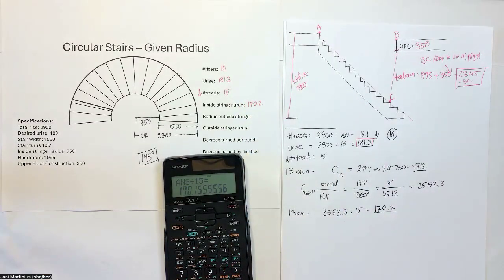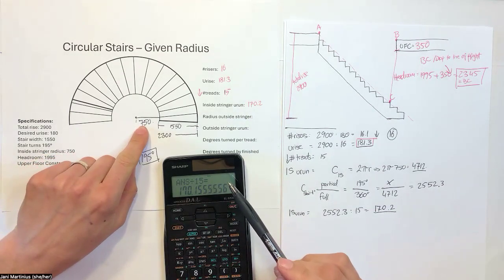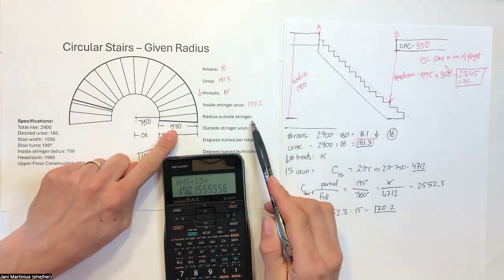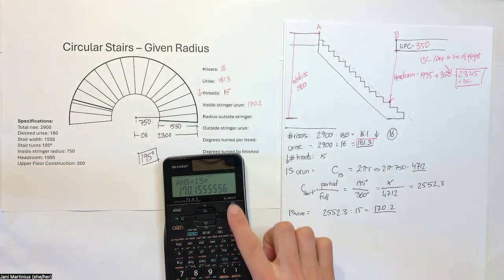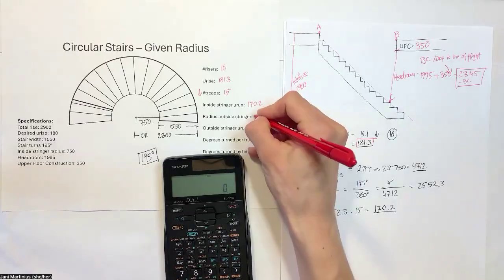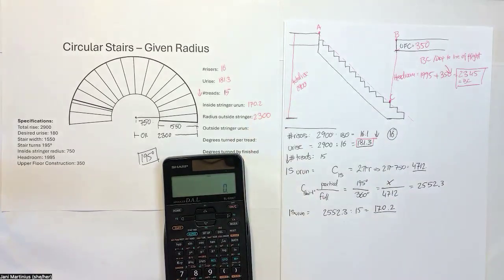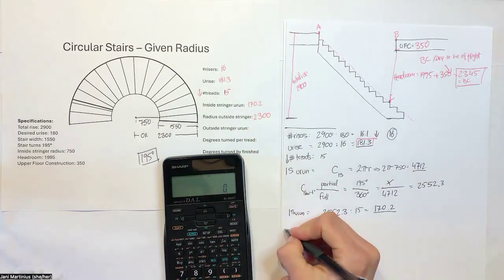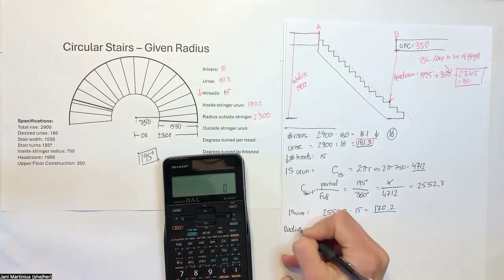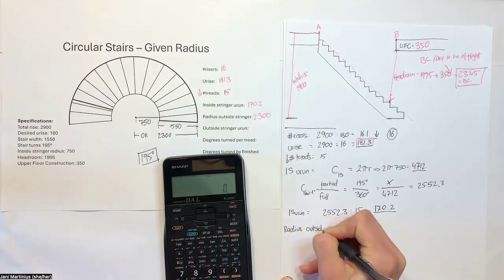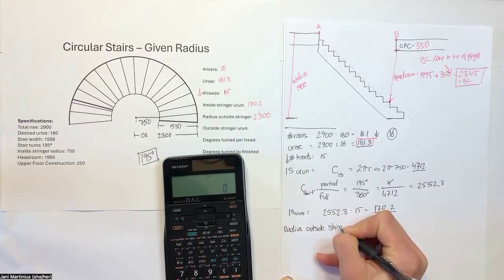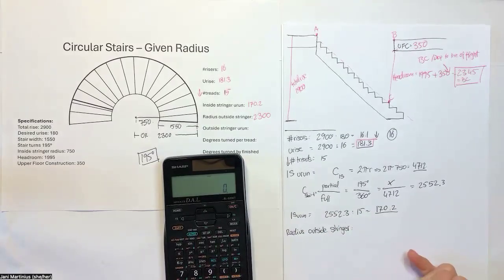Awesome. Now, radius of the outside stringer, check this out. Inside radius plus the width of the stair gets us the radius for the outside stringer. We already figured that out, so I will write it here just so that it's here.